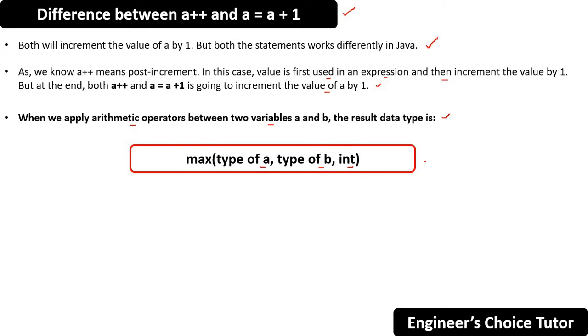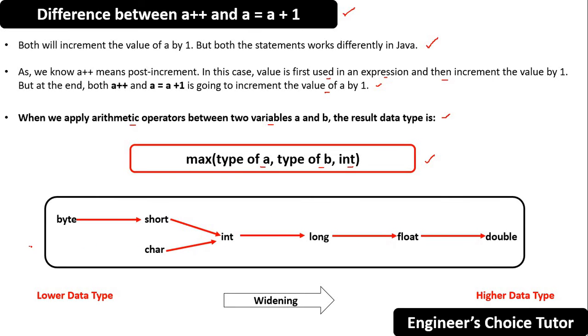Remember this formula. And also remember this diagram where byte is a lower data type and double is a higher data type. So we are moving from lower data type to higher data type. That is called widening. So you have to remember the formula and this diagram.